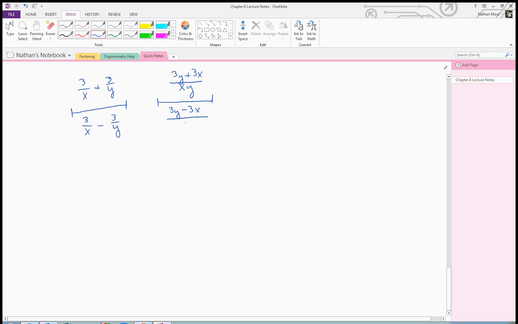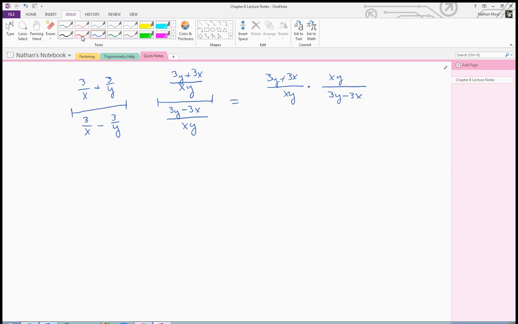And we will end up with this guy. So now we can see, well, okay. Now we can do 3y plus 3x over xy times xy over 3y minus 3x.